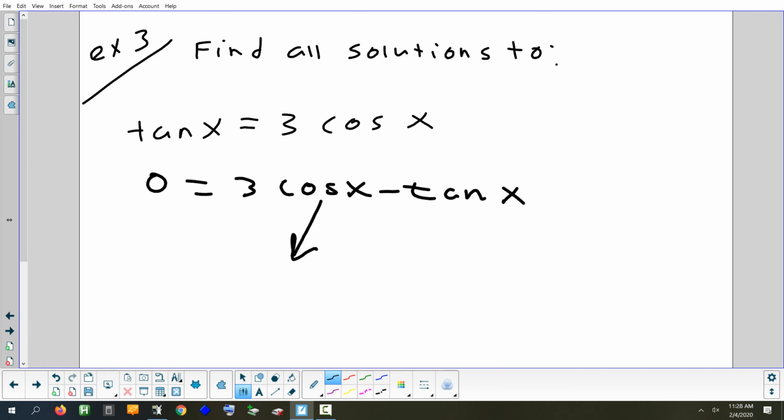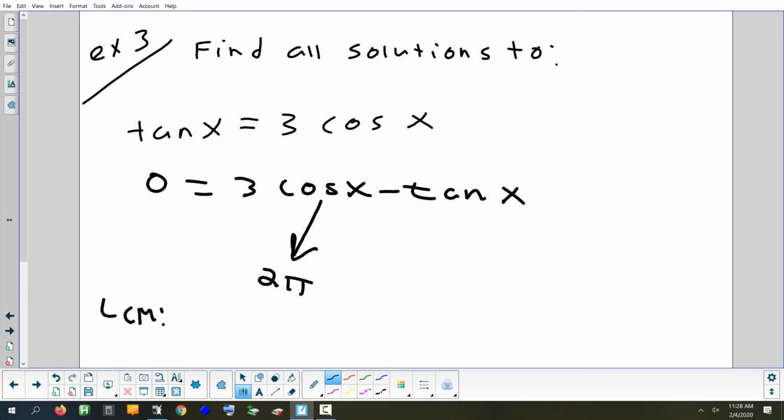When there's no power on something, what power do you always assume? Sam? 1. So that's cosine to an odd power, basically. Okay, look back in your notes. What's the formula that I use when it's cosine to an odd power? Yep. Pi over b. And what's b in this case? 1. Yep, so it's just 2 pi over 1.